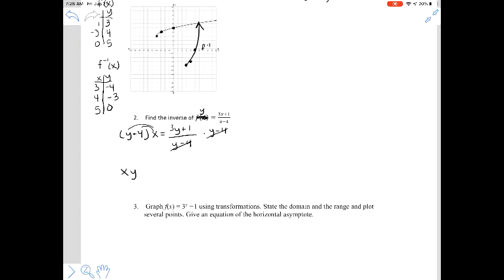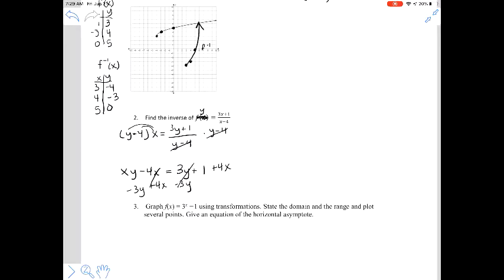So I've got xy minus 4x equals 3y plus 1. Now I've got a y here and a y there. I don't want to have y's on opposite sides of the equation. So I'm going to need to get the y's on the same side. So I'm going to subtract the 3y here and add the 4x here.